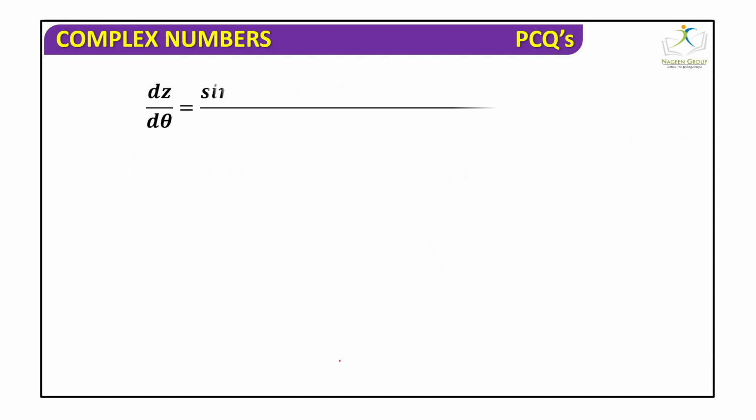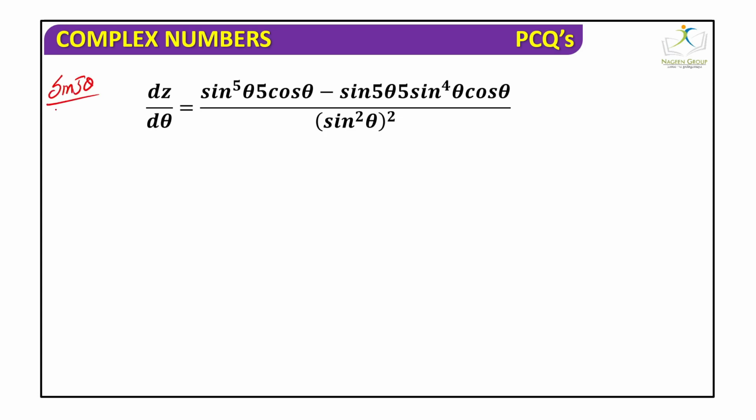Now we have this term, so we find out the differentiation of it, right? So here we are saying it is sine of 5 theta divided by sine theta to the power 5.